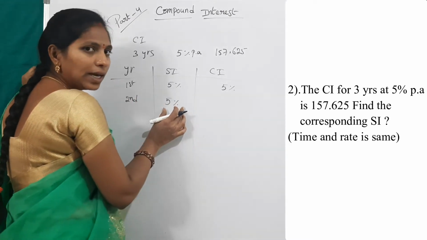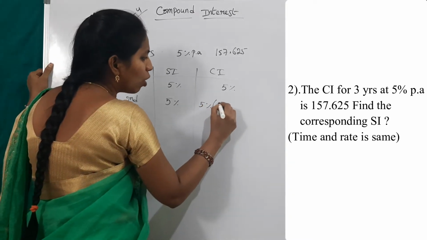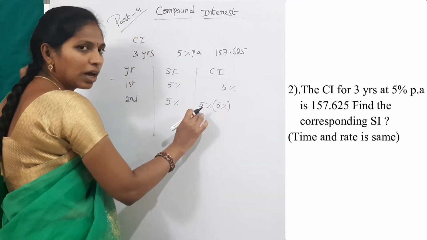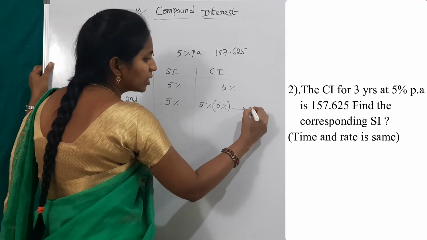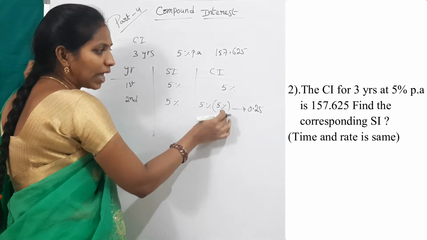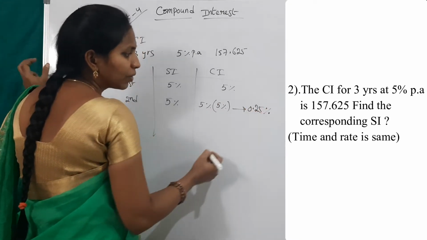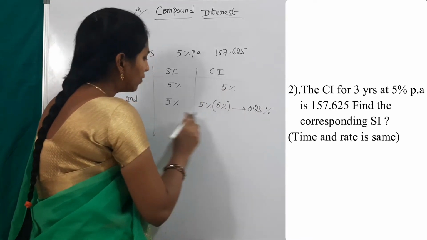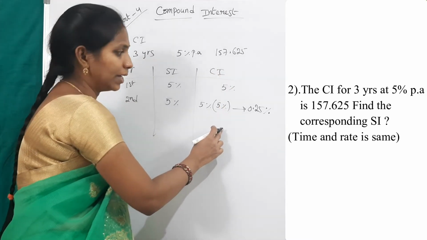So we should calculate 5% on this 5%. So 5% of 5%. Then add the resultant value to this 5%. So what is the result? 0.25. Actually 5 into 5 is 25. Cancel 1%. So 0.25%. Add this 0.25 to this 5%.